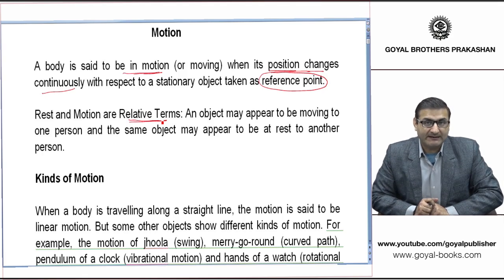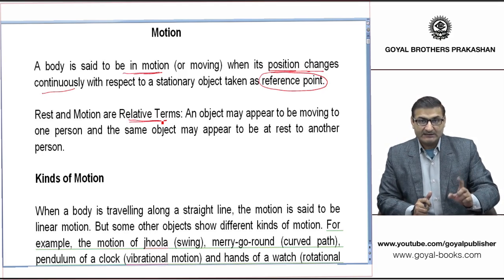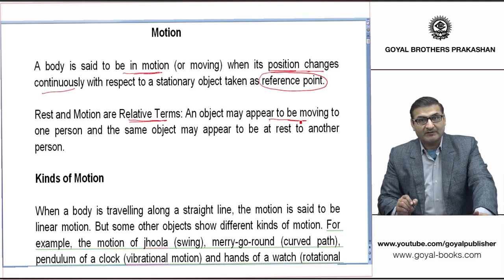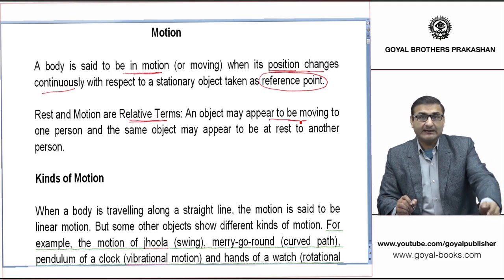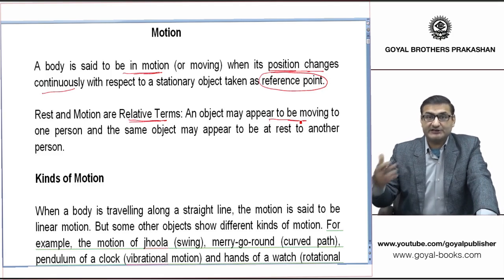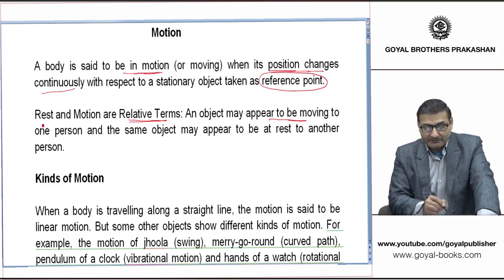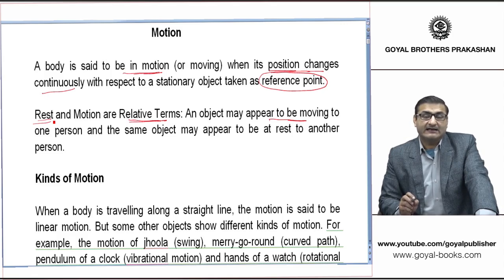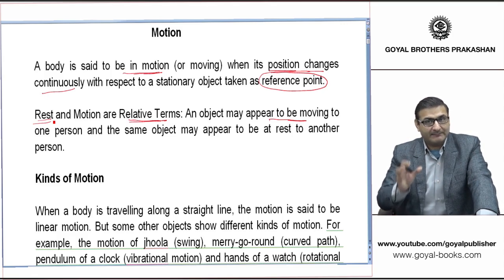So it all depends on the reference point. An object may appear to be moving when we take one person as a reference point, but if we change the reference point, it may appear to be at rest. This is exactly what the concept of a body at rest and a body in motion means.